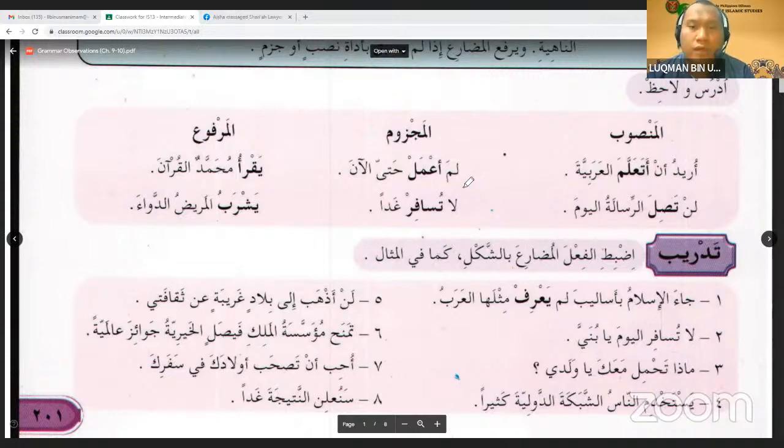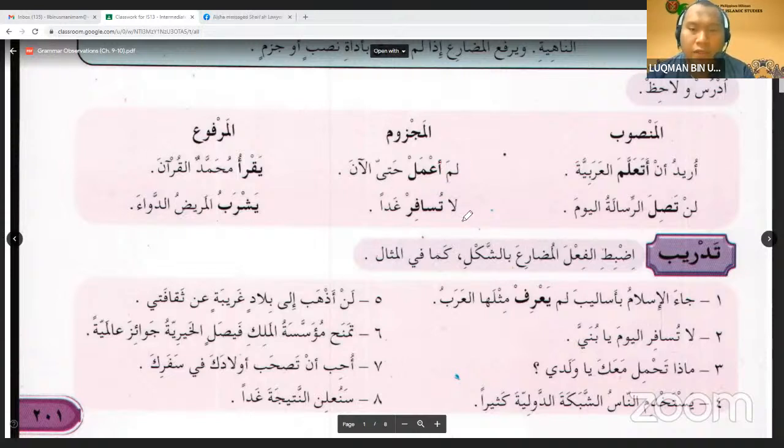Lam, another function of lam, aside from making the imperfect tense of the verb end with a sukun, it also converts the verb into past tense, into perfect tense. Lam a'mal hatta al-an. I did not work until today. So lam is usually translated as did not or didn't.